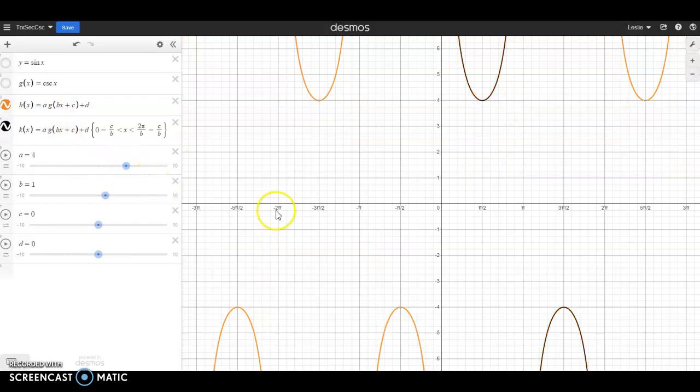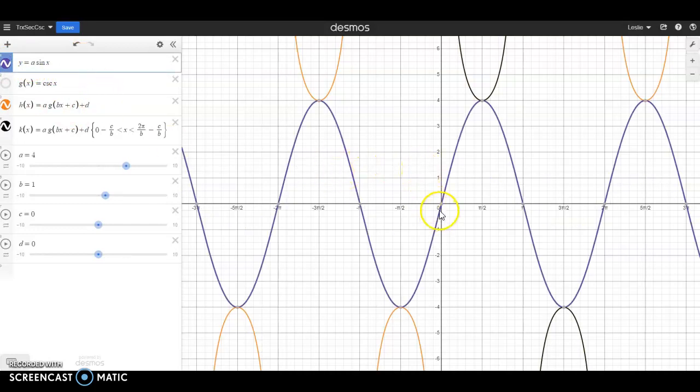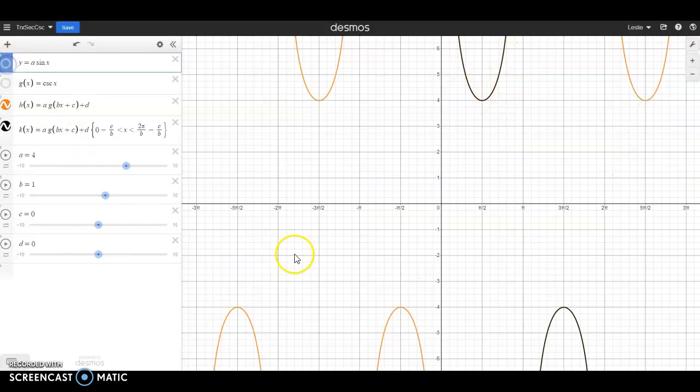Now, notice that when I change a for cosecant, I put sine back in here, and let me change it so that it says a times the sine of x. Notice how the sine of x has an amplitude of 4. Then the cosecant will also have an amplitude of 4. If I hide the sine graph now, you can see the cosecant graph. I find the easiest way to deal with secant and cosecant graphs is to imagine filling in the blanks.